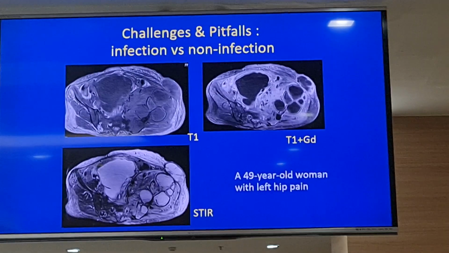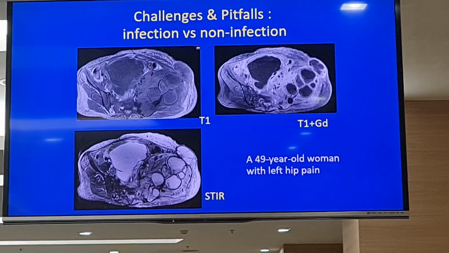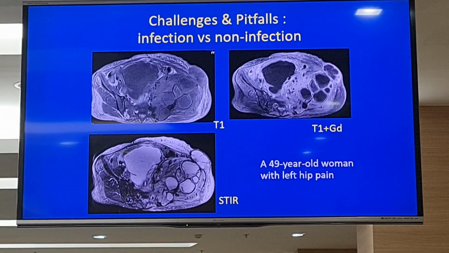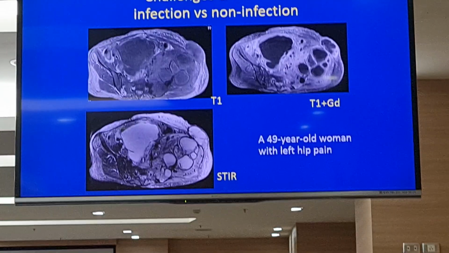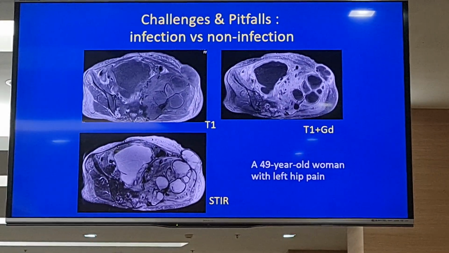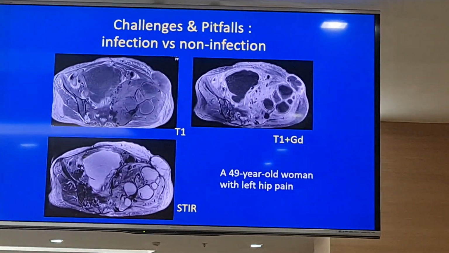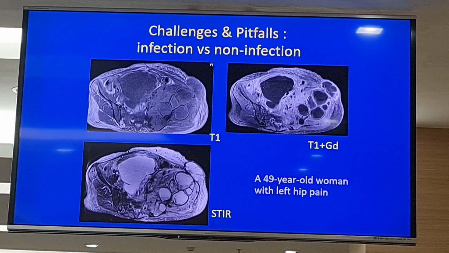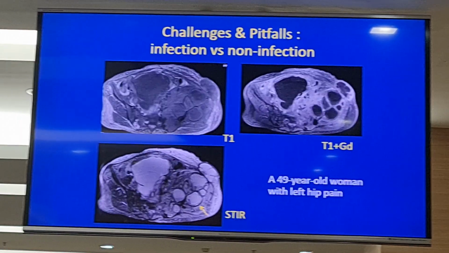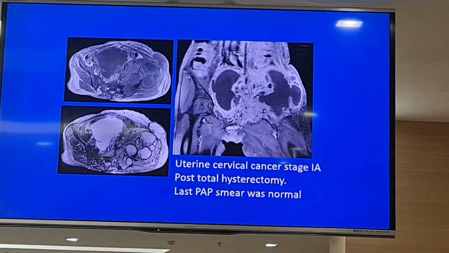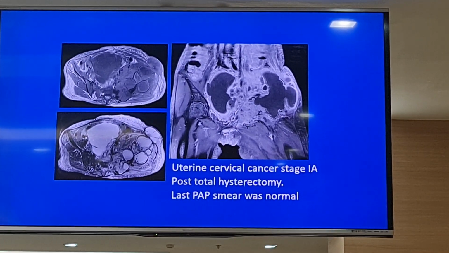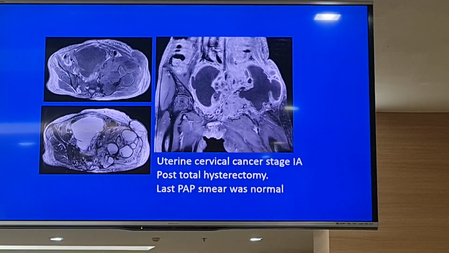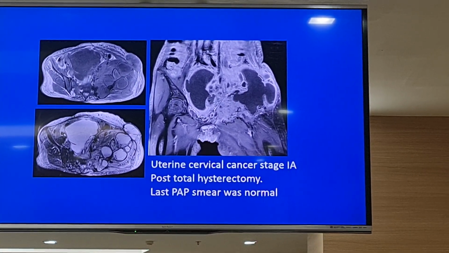Okay, another thing that may look like infection, but you should be aware of. So the lady has leg pain, and certainly she has a lot of pockets that look like abscess, right? Because you have bright signal on T2 weighted images, and you have an enhanced area with multiple rings. When you look closely, you can see there's an area with a very thin wall that looks like abscess, and another area that looks like a bulgy mass.